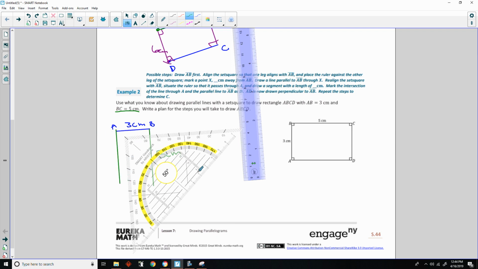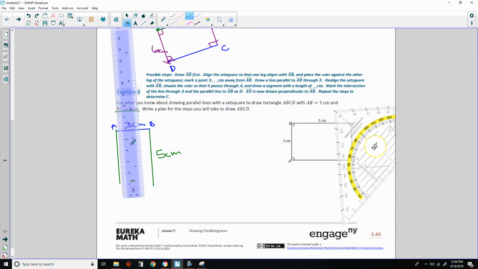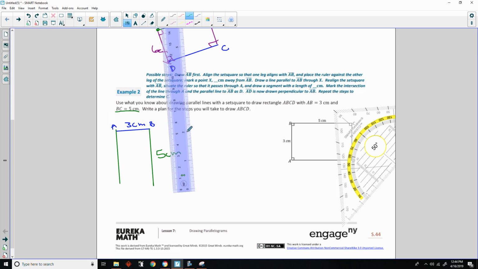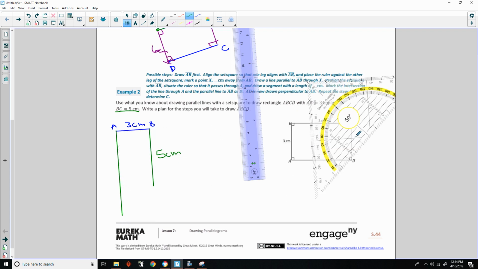Like that. And then I'd measure it, and it's got to be 5 centimeters. And that's not long enough, so let me make it longer. Let's do that again. I'll go way down here, all the way to there.